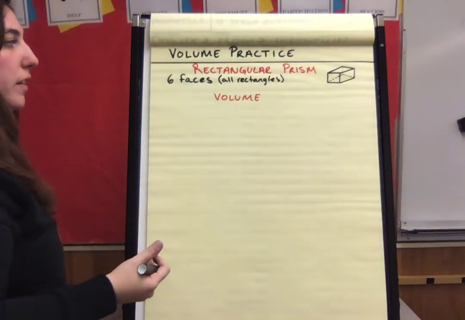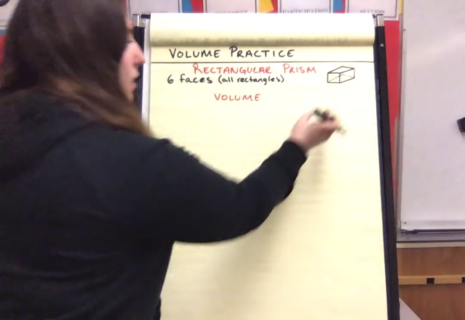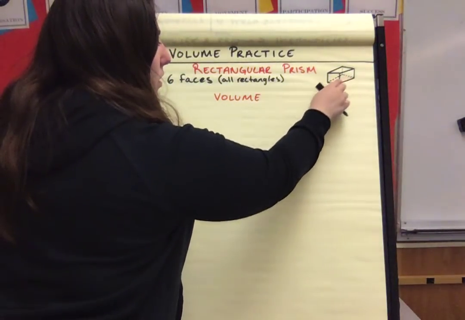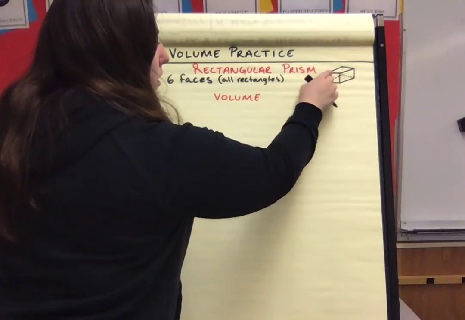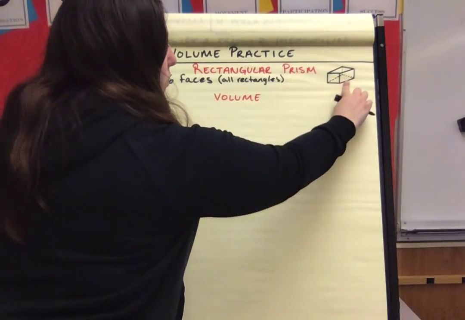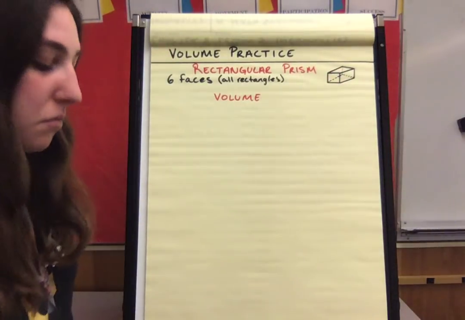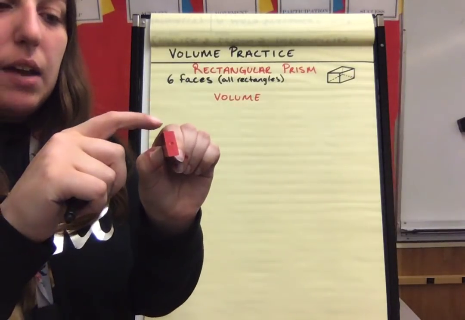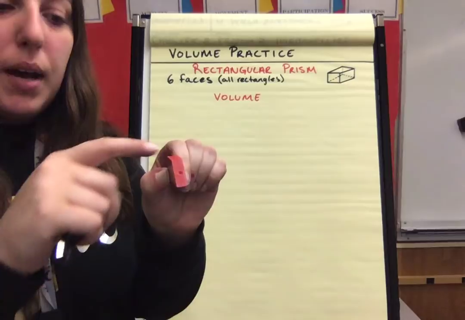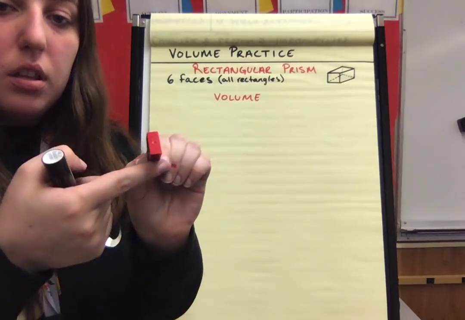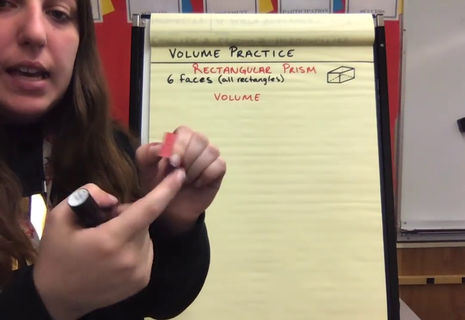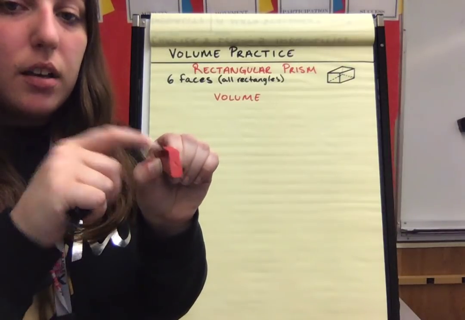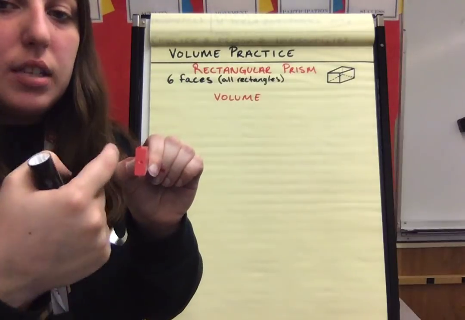Okay, 6 faces, and then these rectangles that are in the middle, so we see one here, one on the side over here, and then one right there. If we look at our actual object, the sides that I'm talking about are the top, the bottom, this side, and this side. I am not talking about the front or the back. I'm just talking about all the sides.